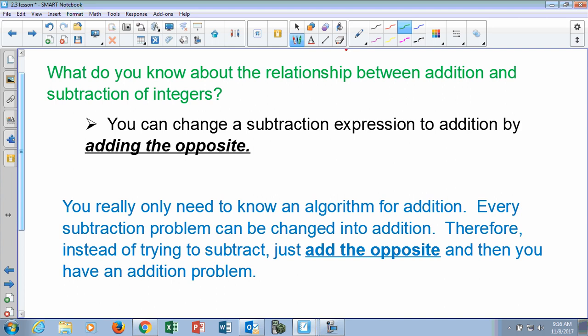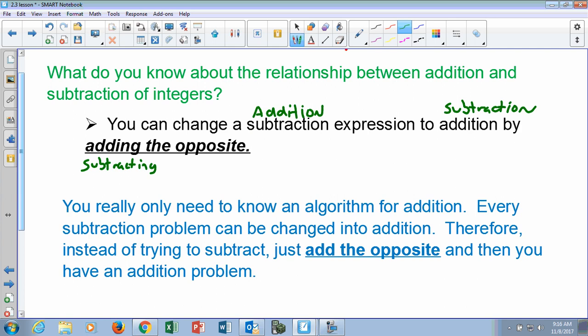You could also change an addition problem, like we just figured out, to subtraction by subtracting the opposite. So again, it works both ways.